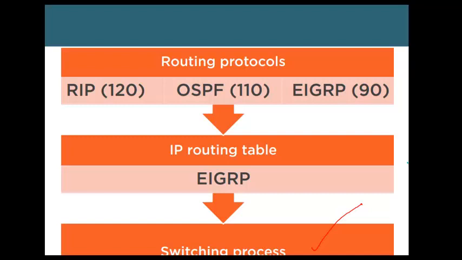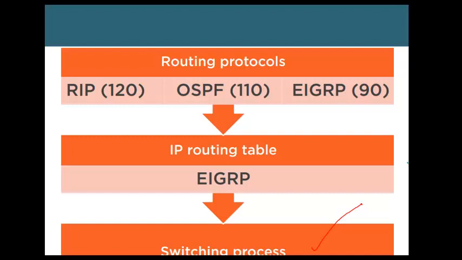So, whatever the routing protocol gives, the routing table is not going to care about who you are, those things. It only cares about the administrative distance. And whatever the routing table gives, CEF doesn't care about it. CEF has got its own method in deciding the path.